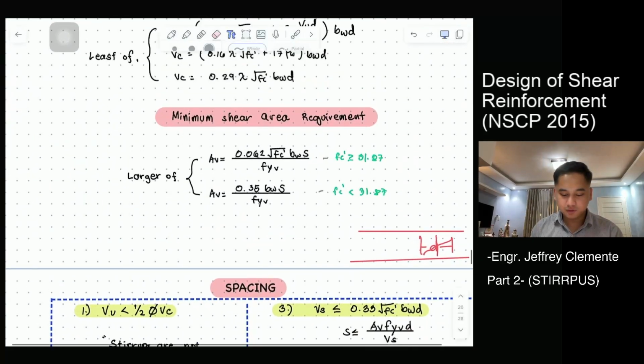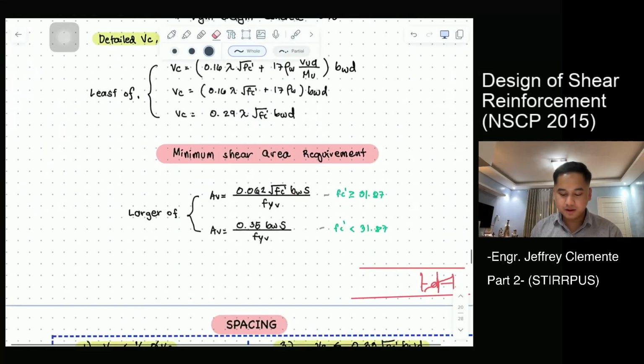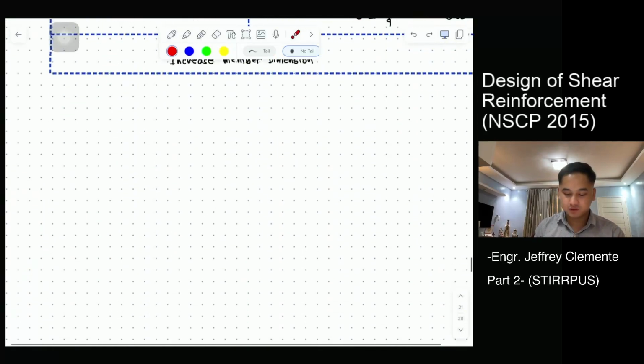So, here, meron tayong minimum, di ba? Dalawa yan. Ano yung gagamitin mo? Ang f'c natin is 28 megapascal. So, we use this. Diba? 0.35 bw s over fyv. So, yun lang yan.